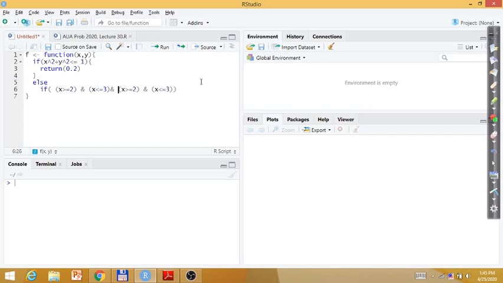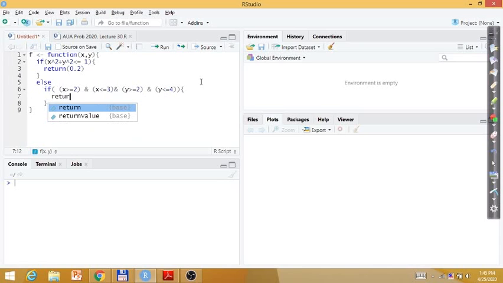So if y is larger than 2 and y is less than 4, in this case, then I return that value of k, and k was 1 minus 0.2 times pi over 2, and I need to add something like this. Else return 0.